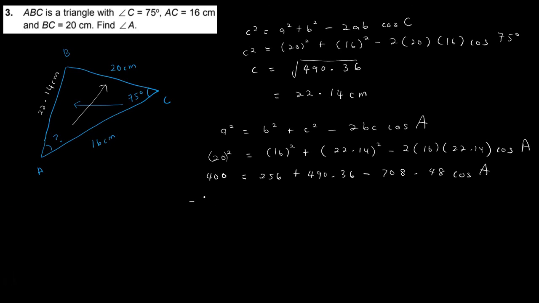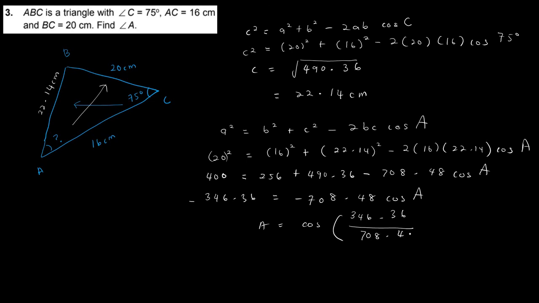On the left, we have negative 346.36, and on the right negative 708.48 cos A. Okay, and then to find A, negative over negative is positive, 346.36 over 708.48. The value depends on how many decimal points you take.